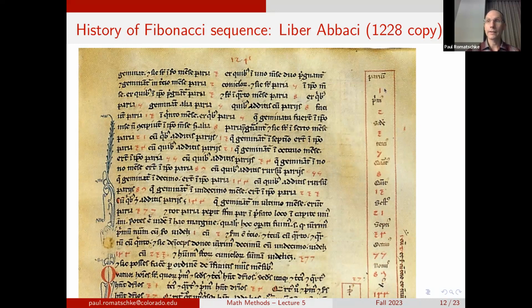The writing is slightly different from what we have in our current numeral system, but let me nevertheless point this out. We have 1, 2, this is the 3 here, this is a 5, then we have 8, 13, 21, 34, 55, 89, 144, which you can recognize to be nothing else but the so-called Fibonacci sequence.